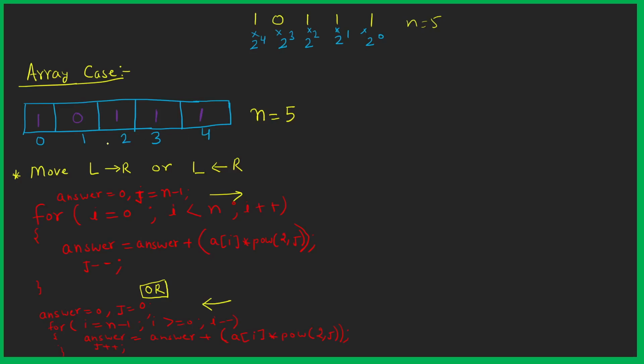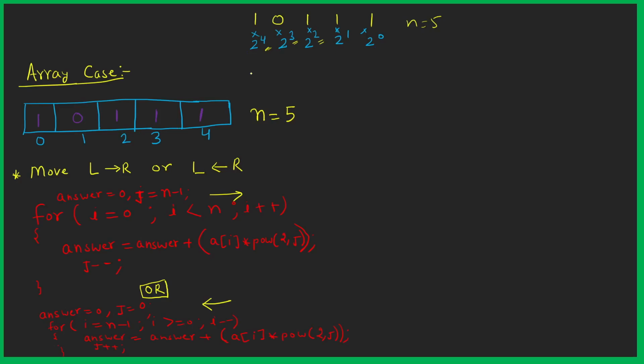In the case of an array, you know that you can move from left to right and right to left. Another thing is that the indexes start from 0, 1 and so on. Next, when we are converting this number into its decimal value, we are actually multiplying each digit by some power of 2. Here we are multiplying with 2 to the power 4, then power 3, then 2 and so on.